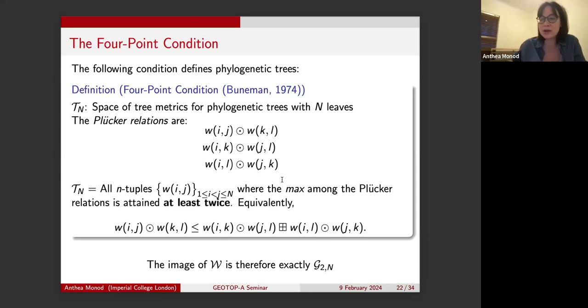And if you write it down in terms of tropical expressions, this is exactly the defining property of the tropical Grassmannian. Therefore, the question we had before, what is the image of this map W, has the answer: the image of this map is exactly the tropical Grassmannian, which means the image of our map W is tropical.